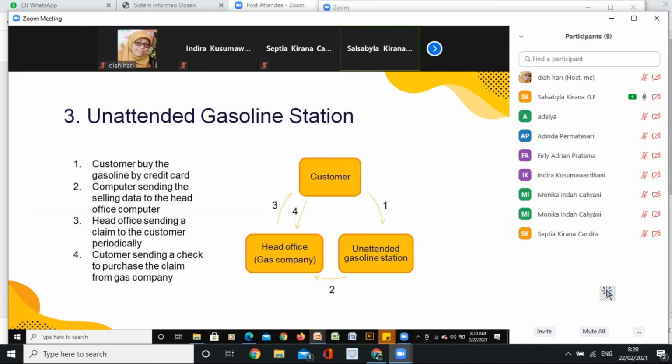So the selling system is like this. First, the customer buys the gasoline by credit card. Second, the computer sends the selling data to the head office computer. After that, the head office sends a claim to the customer periodically. Then the customer sends a check to pay the claim from the gas company.